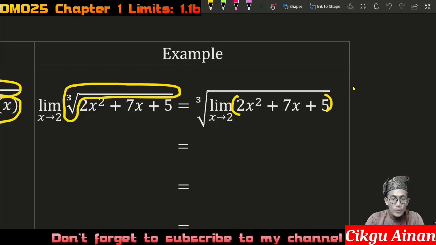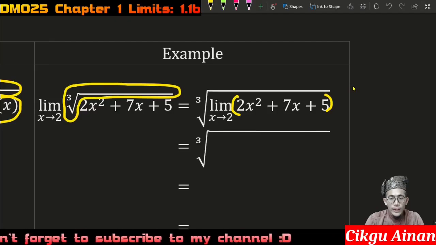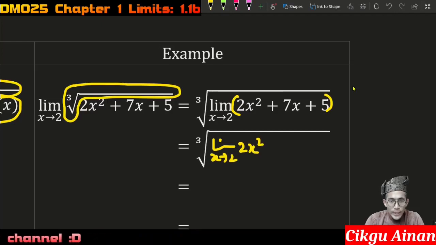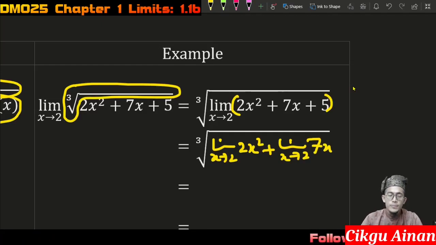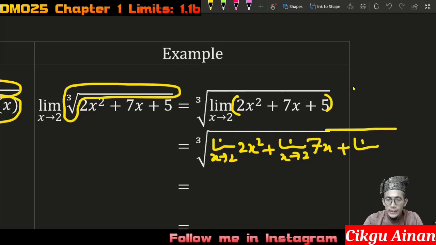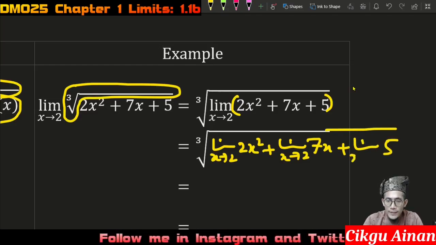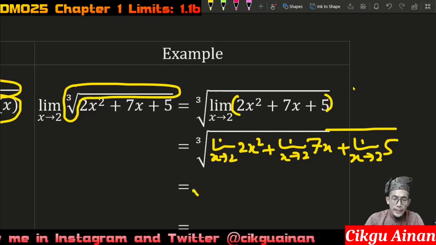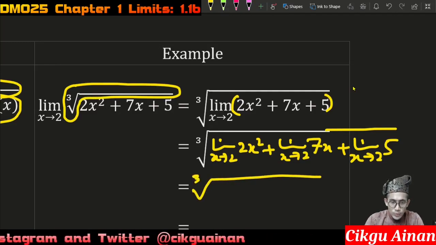So what we do is find the limit as x approaches 2 of 2x squared, plus the limit as x approaches 2 of 7x, plus the limit of 5 as x approaches 2. Then we take the cube root also.